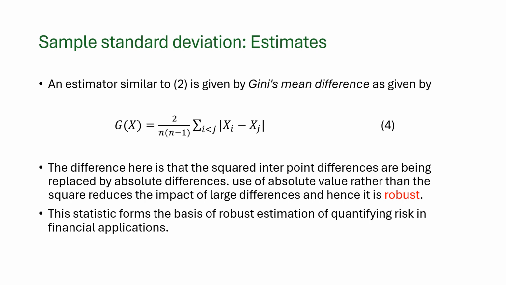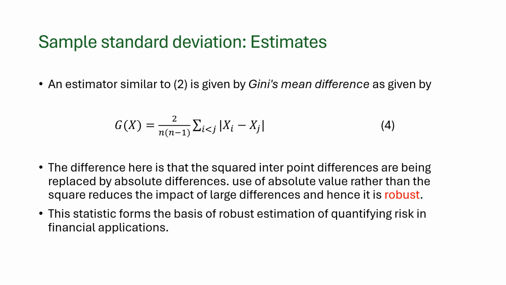Here is another estimator which is very famous. Most of the time econometricians and economists use this kind of estimator, and it's called the Gini mean difference estimator. It's given as 2 by n into n minus 1, summation of the absolute difference between xi and xj. The difference here is that the squared interpoint differences are being replaced by absolute differences, so the negative part also is taken care of by taking the absolute value instead of squaring.